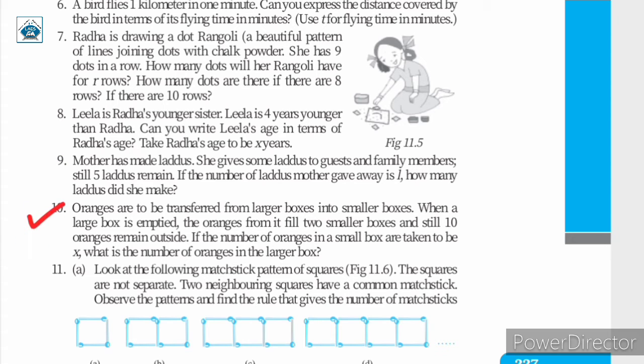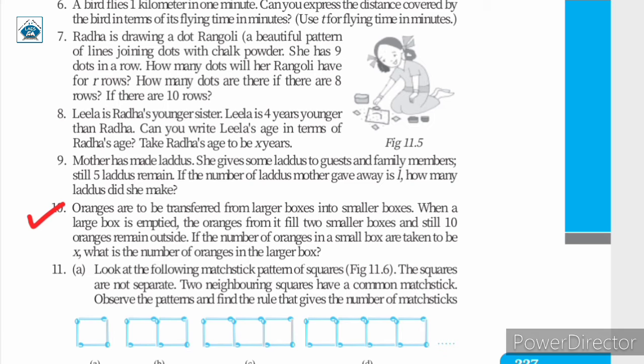Question number 10. Oranges are to be transferred from larger boxes into smaller boxes. When a large box is emptied, the oranges from it fill 2 smaller boxes and still 10 oranges remain outside. If the number of oranges in a small box is taken to be x, what is the number of oranges in the larger box?